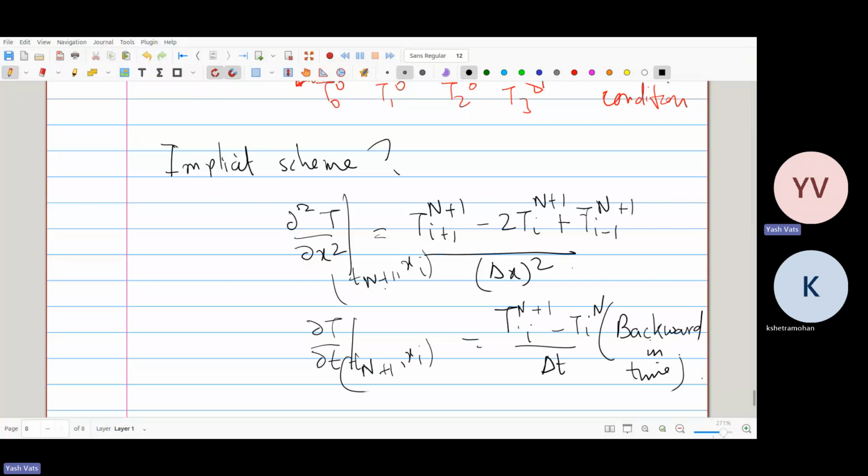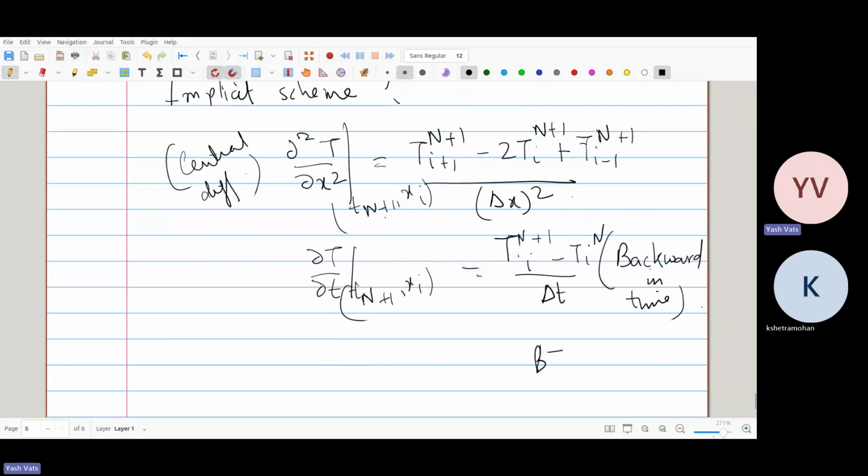And this is the central difference that we have seen before. So the overall scheme will be BTCS in this case, backward in time and central in space. So BTCS is an implicit scheme, right?